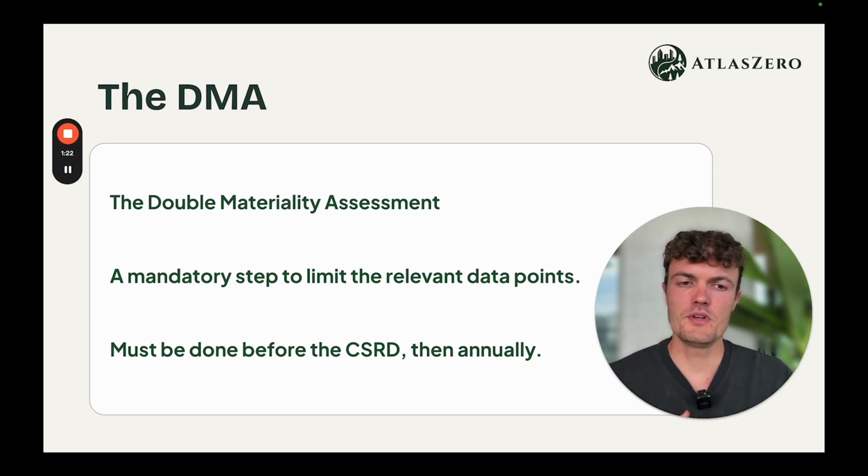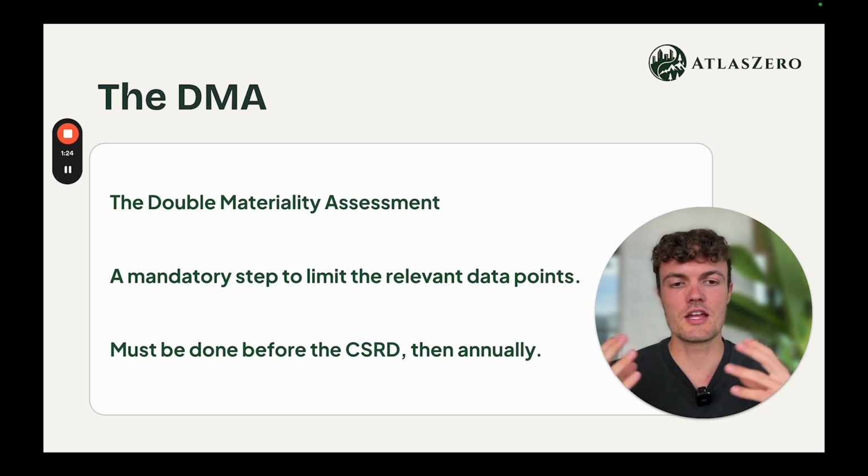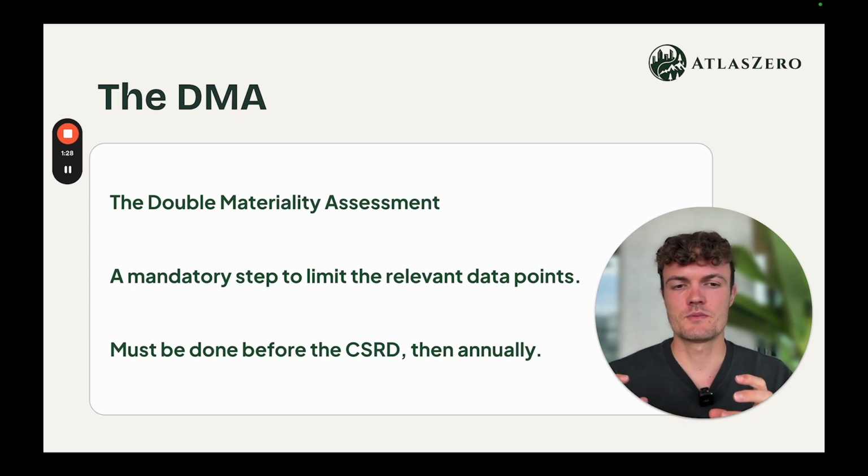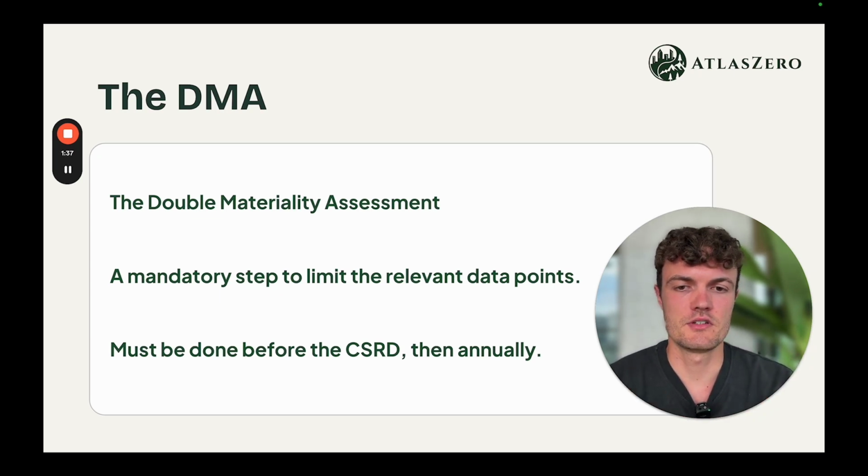Because your company is most likely not going to change completely, but still some things change, some things in the environment might change. So it makes sense to really look at it and try to improve the assessment each year.